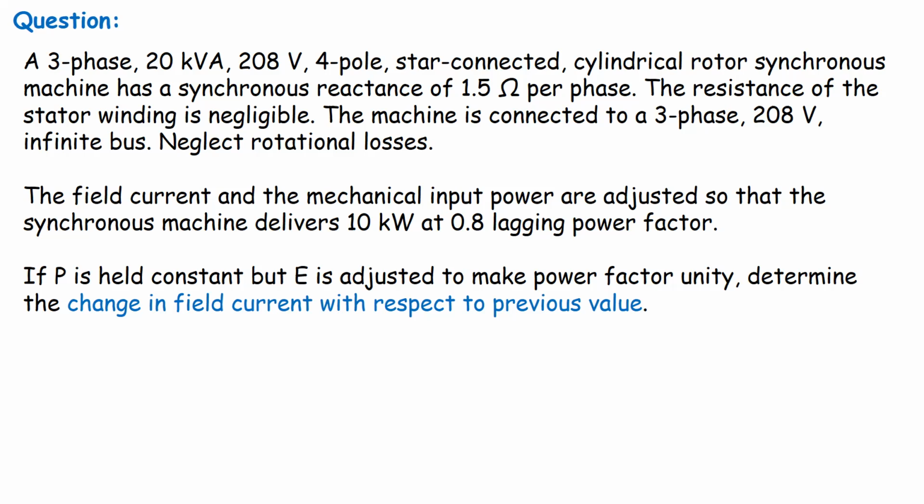As always, the question has some common information such as the rating of the synchronous machine, its synchronous reactance value, and some information about the winding resistance and rotational losses. The problem statement also indicates the infinite bus voltage level, which happens to be the same value as the rated voltage of the synchronous machine.